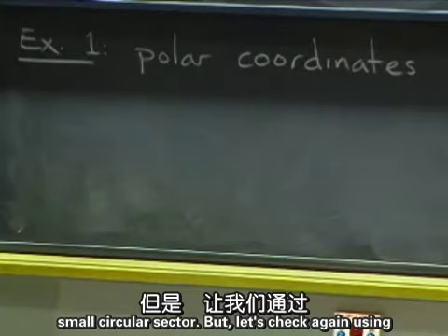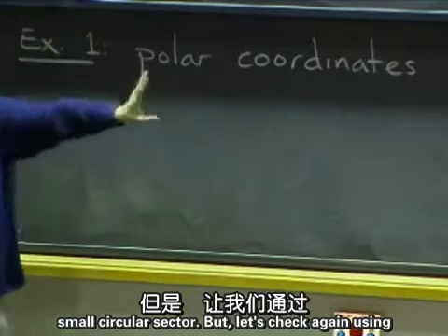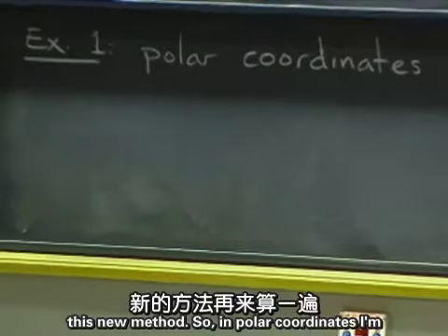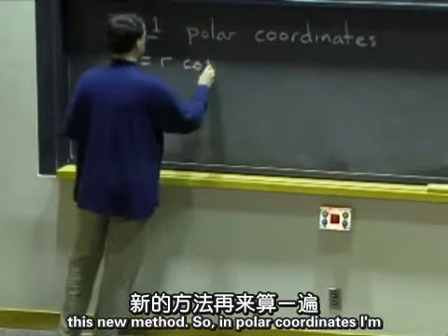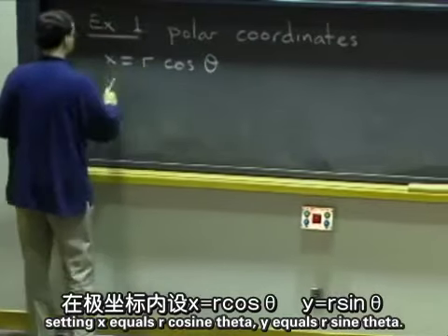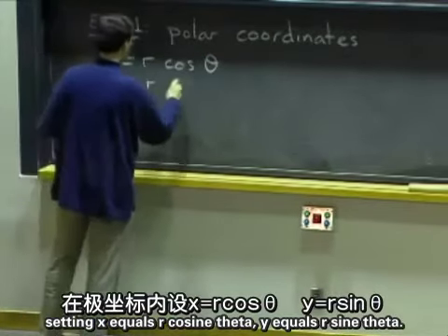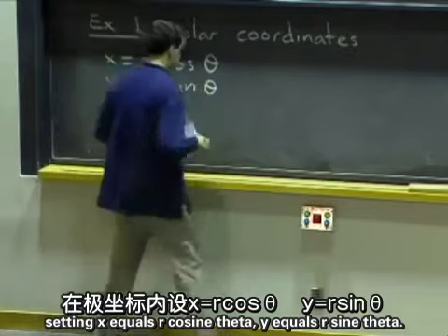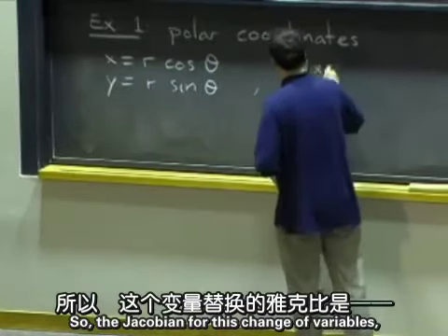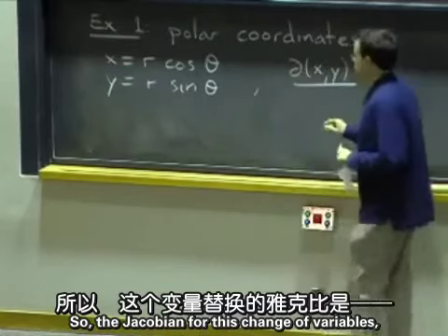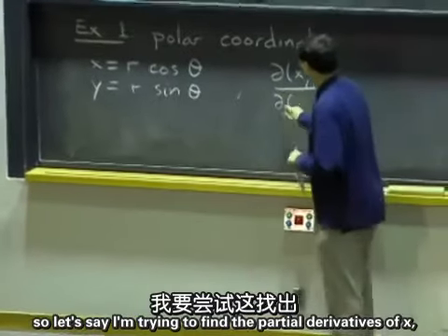But let's check again using this new method. So in polar coordinates, I'm setting x equals r cosine theta, y equals r sine theta. So the Jacobian for this change of variables.